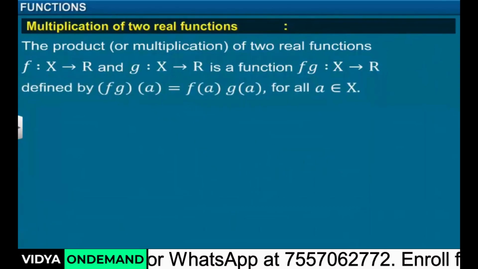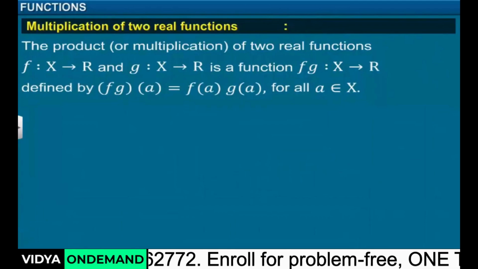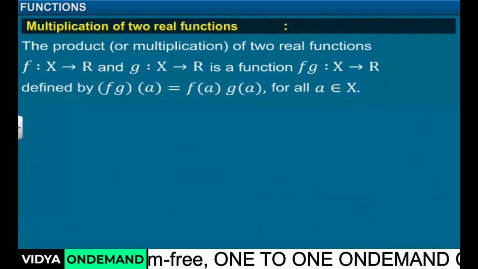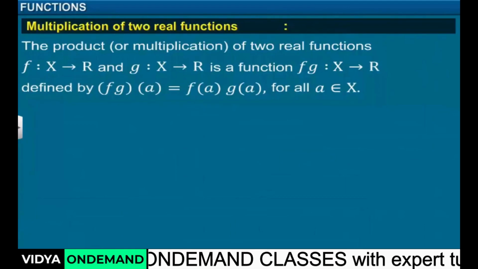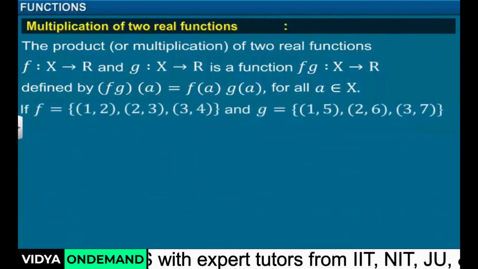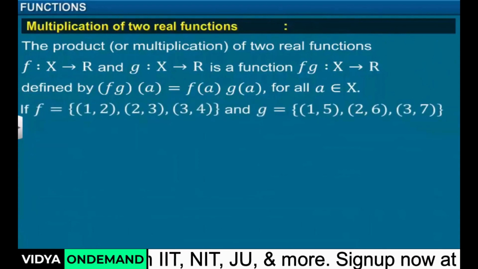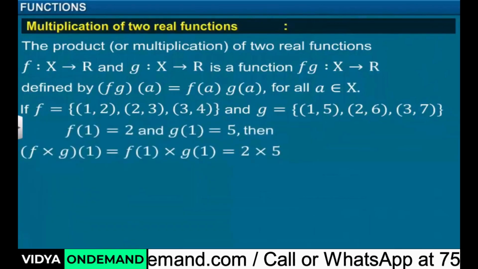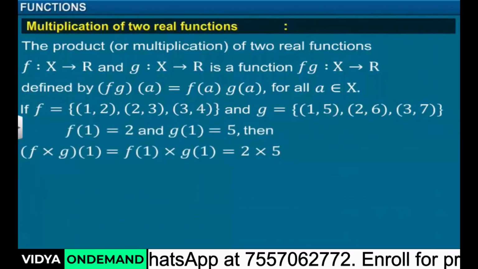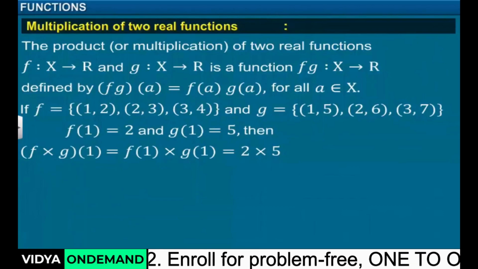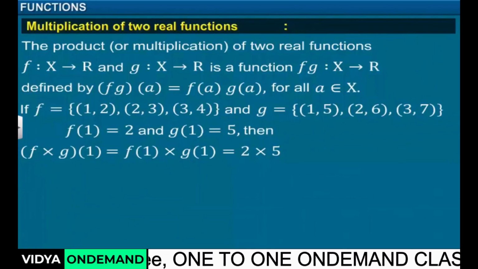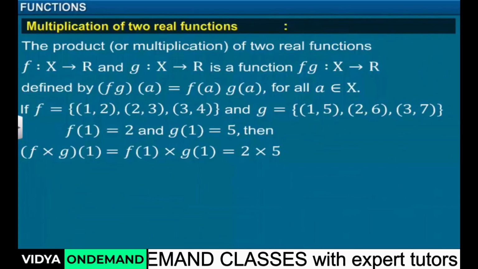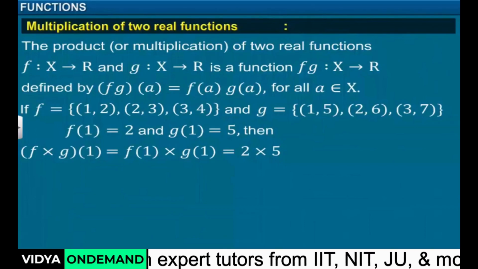Consider sets f and g. (f multiplied by g) of 1 is equal to f of 1 multiplied by g of 1. This is equal to 2 multiplied by 5. This implies the ordered pair (1, 2 multiplied by 5) belongs to function f multiplied by g.